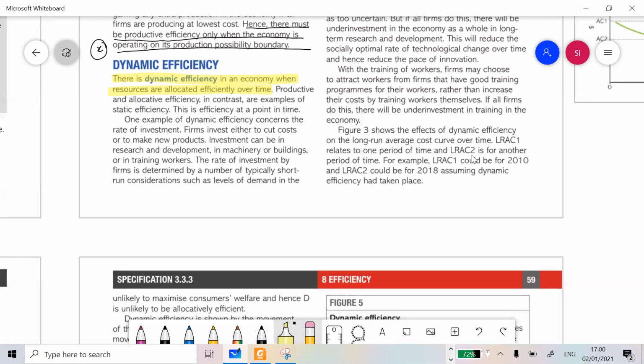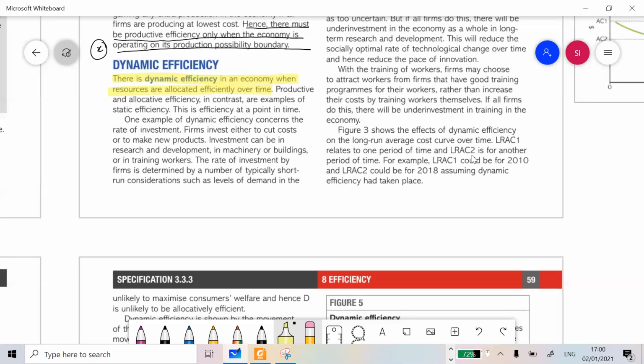In contrast are examples of static efficiency. This is efficiency at a point in time. An example they had given about dynamic efficiency concerns the rate of investment. Firms invest either to cut cost or to make new products.